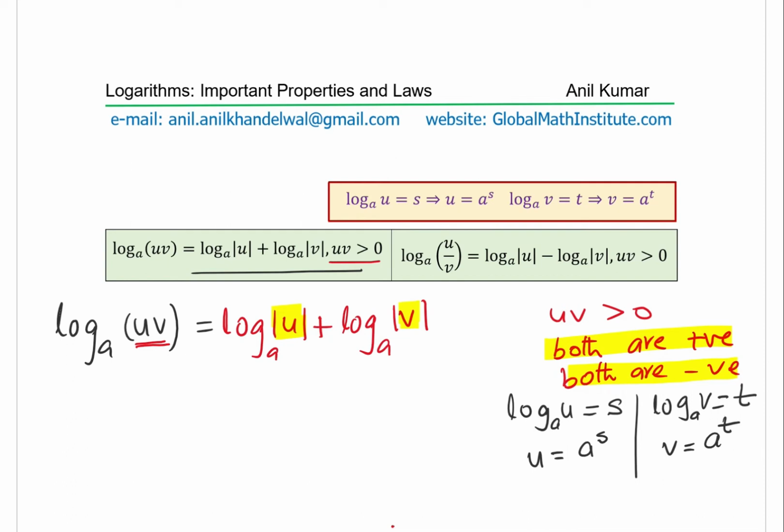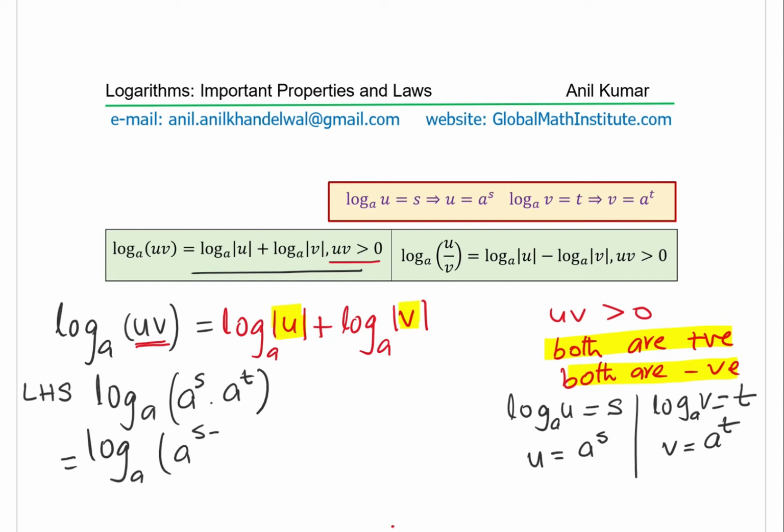So the left-hand side in this particular case is log to the base a of u times v. u can be written as a to the power of s and v can be written as a to the power of t. Perfect. Now this could be written as log to the base a of a to the power of s plus t.